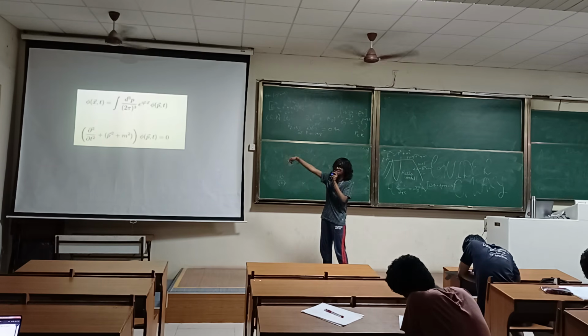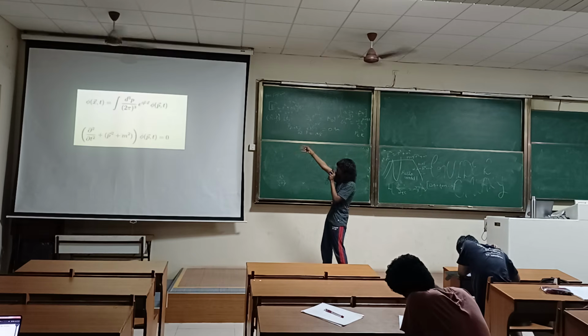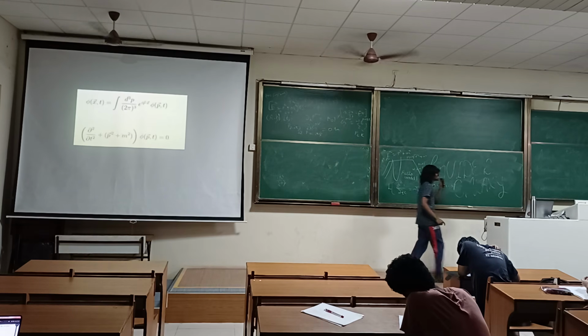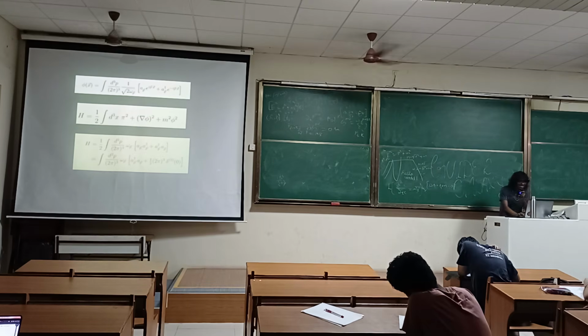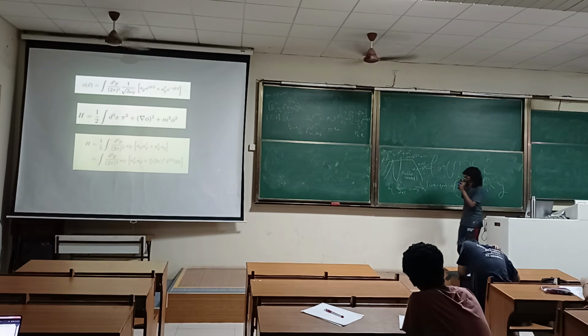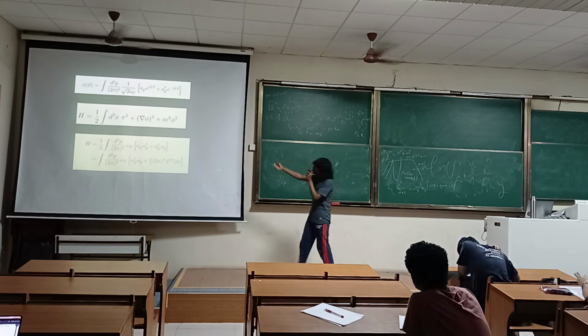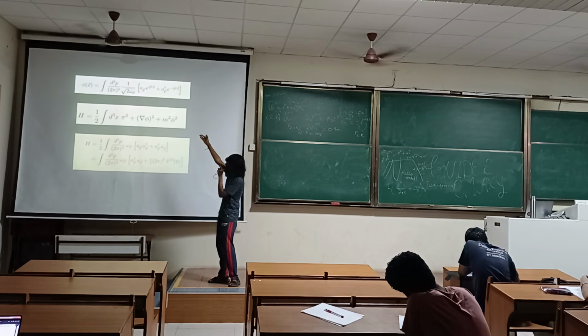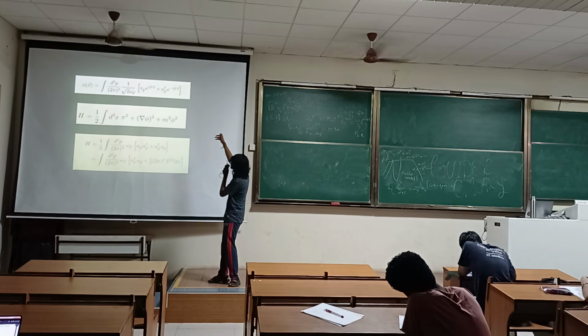So I can just expand the fields and quantize each of the individual components. After doing some trivial math of just 4 pages, you end up with this phi of x. You have basically quantized my phi of x.